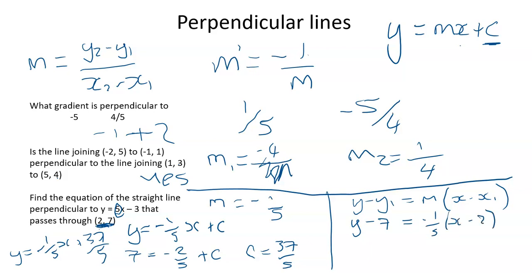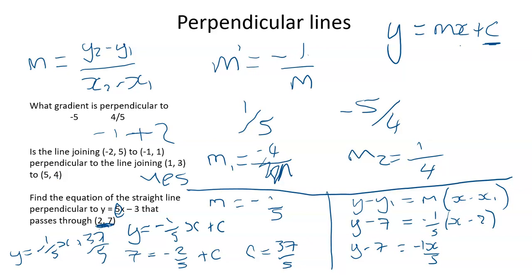And then if we expand this, we get y minus 7 equals minus x over 5, or minus 1/5 x, which is what we wrote out there. It's the same thing, just written slightly differently.